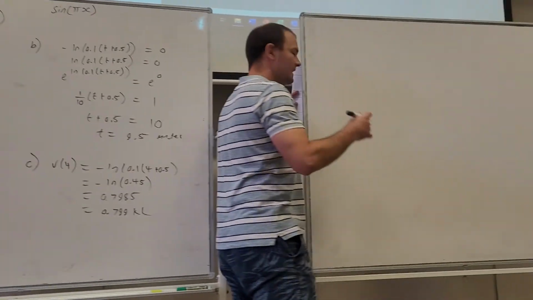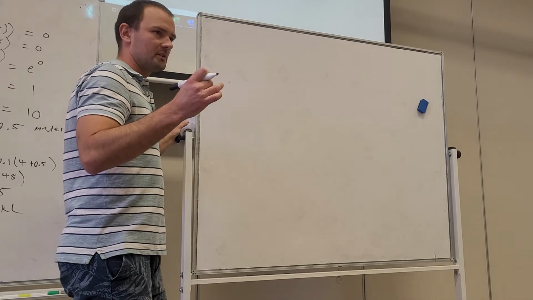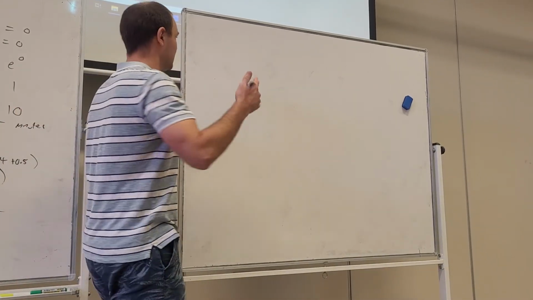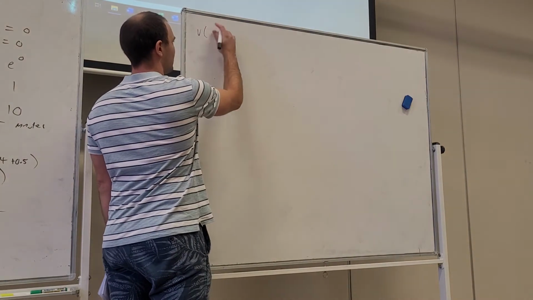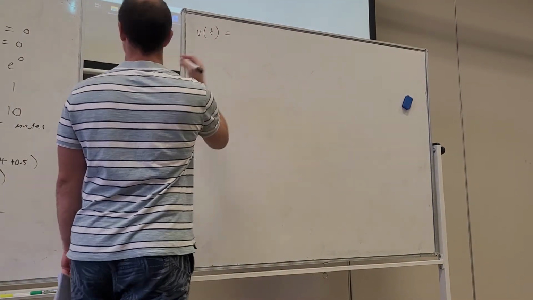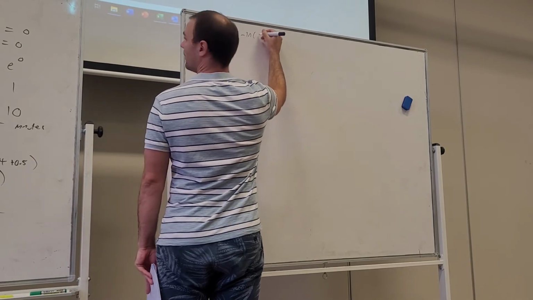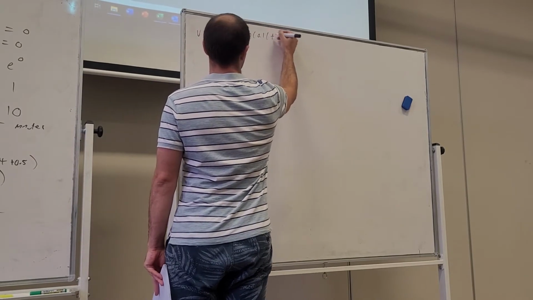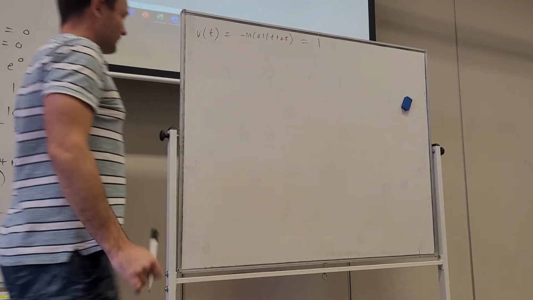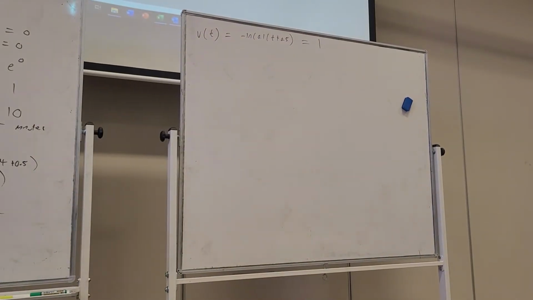Part D, when is there 1 kilolitre of water in the tank? So we've already found when the tank is empty, that's when the volume is 0. When is there 1 kilolitre? Well, that's when V of t equals 1. Remember, the volume is minus ln of 0.1 t plus 0.5, when the volume equals 1.